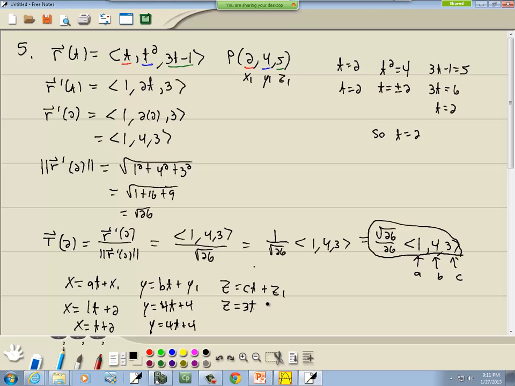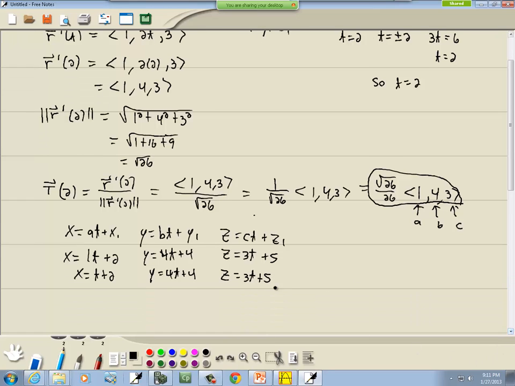So 3t plus z1, which is 5. And we got z is equal to 3t plus 5. So these are our parametric equations that go along with that. Now, depending upon what your direction numbers are, you might have this come out different. So keep that in mind.